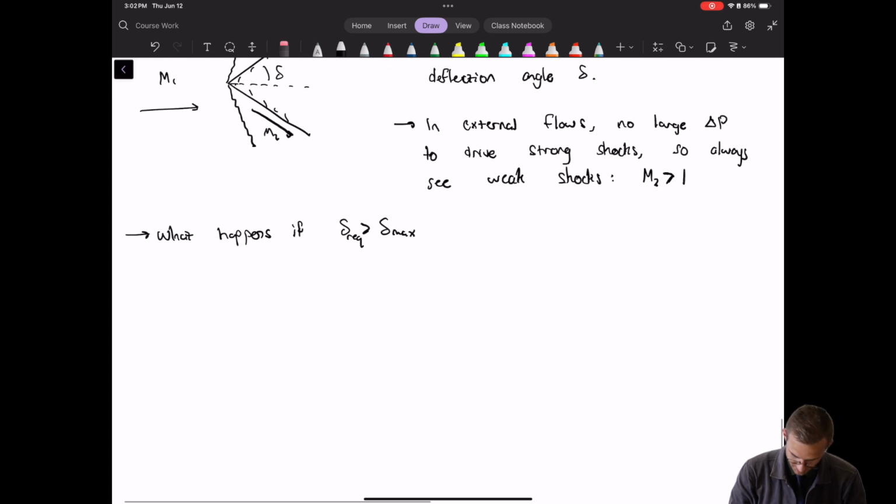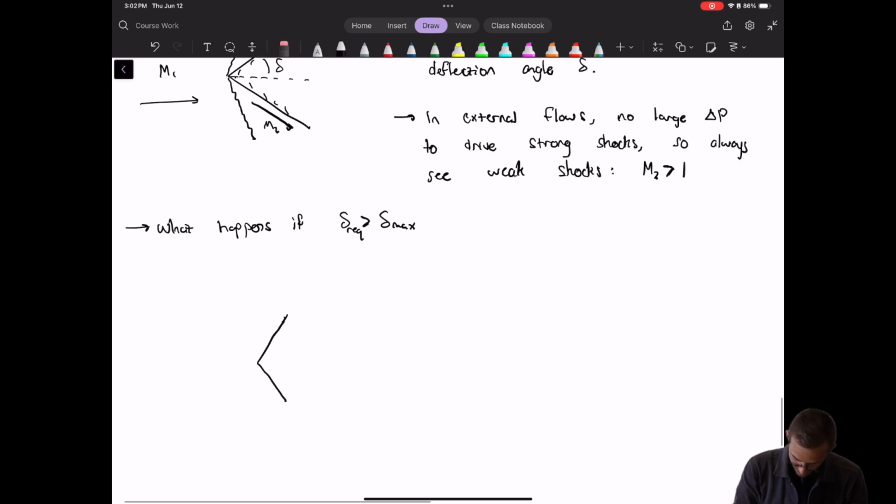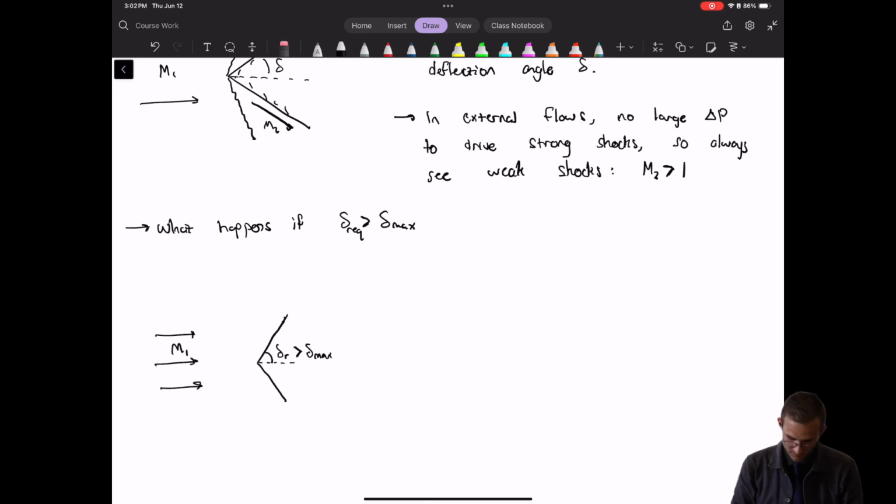Okay, so let's draw that scenario. Say we have a kind of blunt object with a wedge out front with a very, very large required deflection angle that's greater than delta max for a certain incoming M1 flow field. Okay, and then the object just continues on in this direction.